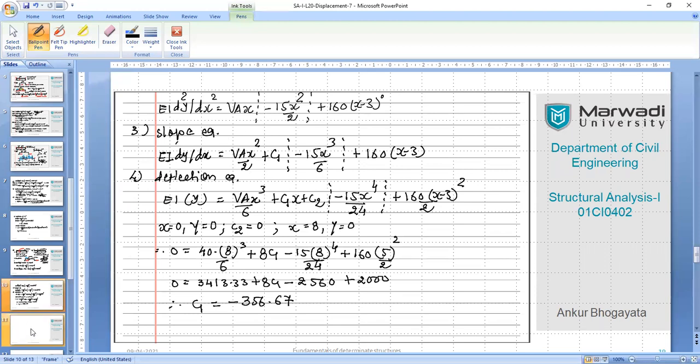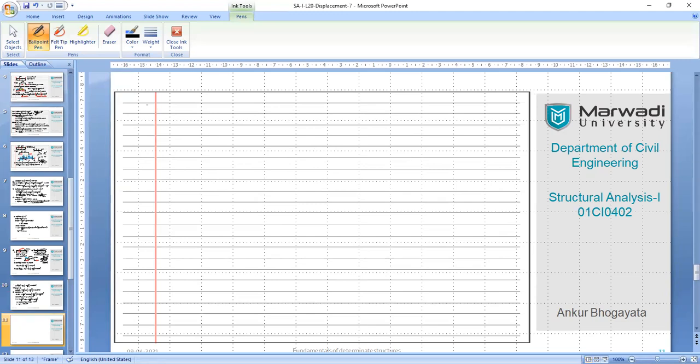So let's do it. Slope in step number 5, slope at x equals 3 meters at point C. So what is the expression for that? We have received already.